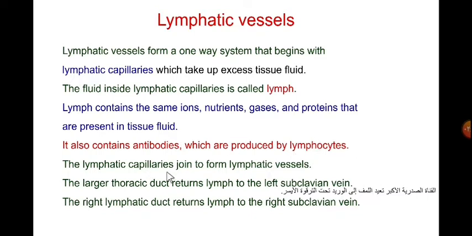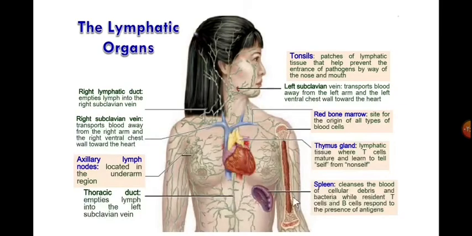The lymphatic capillaries join to form lymphatic vessels. طبعا الشعيرات الليمفاوية بترتبط مع بعض وبتكون الأوعية الليمفاوية. The larger thoracic duct returns lymph to the left subclavian vein. القناة الصدرية الأكبر بتعيد الليمف إلى الوريد تحت الترقوة الأيسر. The right lymphatic duct returns lymph to the right subclavian vein.